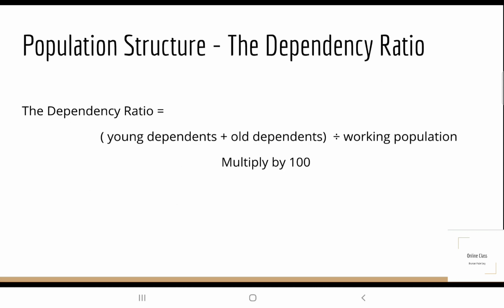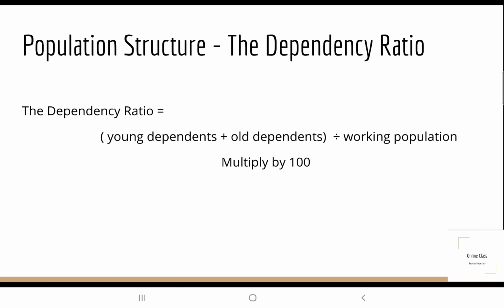The population structure has a dependency ratio, and you're going to need to know the formula for working out the dependency ratio. So the dependency ratio summarizes how many people there are in a society that are dependent on other people. So the young dependents are like the children, the old dependents are those who are the older generation who need to be looked after.